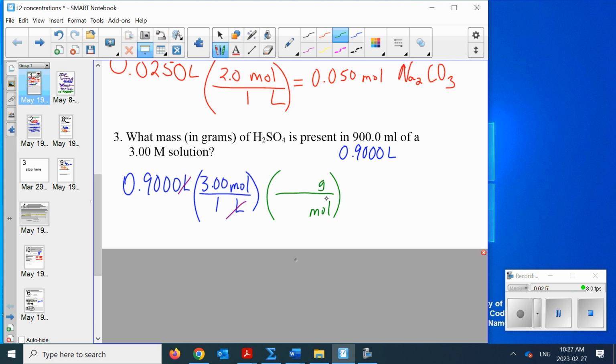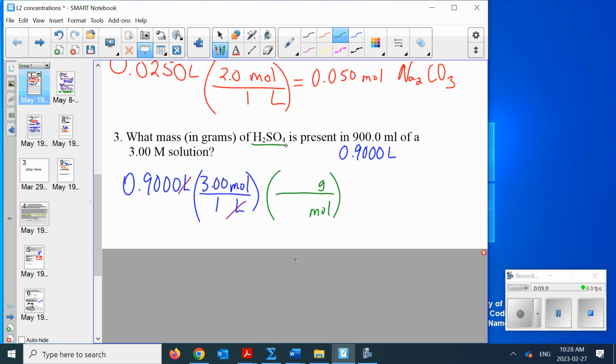I need the grams of H2SO4. We're going to use the periodic table. Add up 2 H's, 1.01 times 2, plus sulfur, which is 32.07, depending on the periodic table, plus 4 oxygens, 4 times 16.